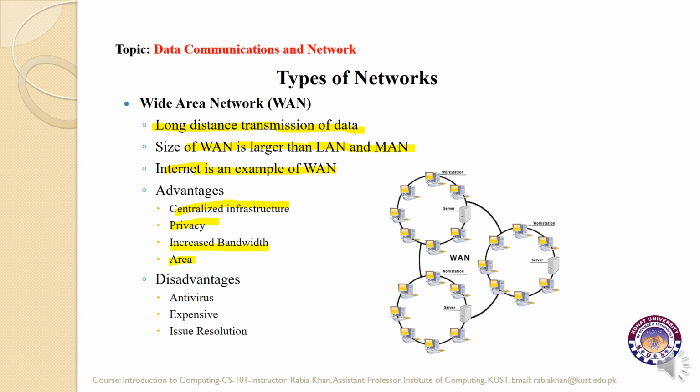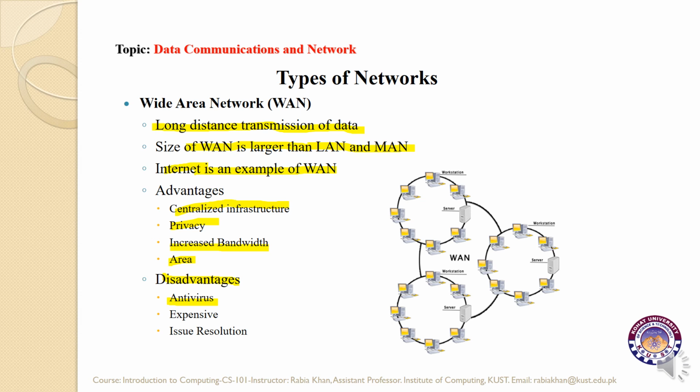But there are some disadvantages of wide area network. What are those? First is that you would require antiviruses. For example, if you are browsing or surfing the internet, you may find some malicious content that is downloaded on your system.